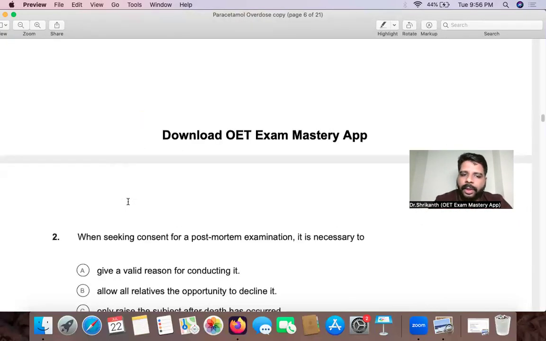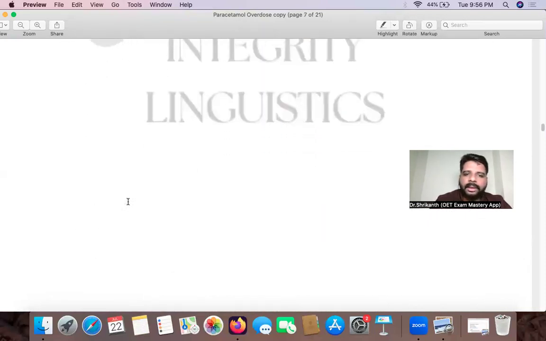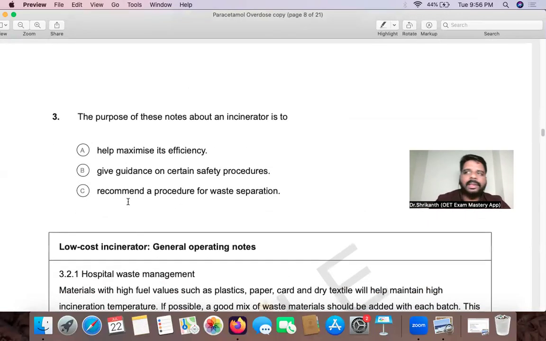When it comes to reading part B, the strategies are different, because yesterday's class we discussed reading part A. There we have fill in the blank questions, short answer type questions, and a very strict time limit. There the skills are entirely different.